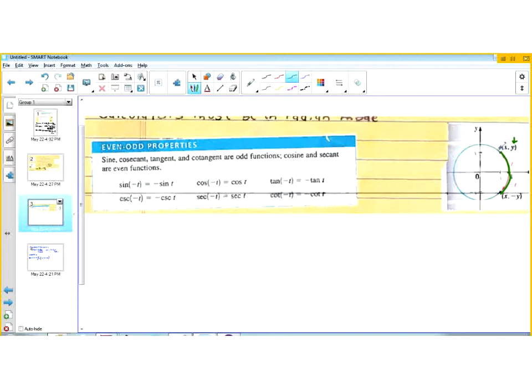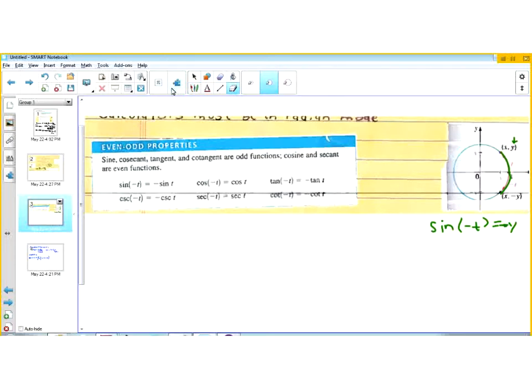So if we take the terminal point of t to be xy, then the terminal point of negative t would be x negative y, right? And so the sine of negative t is essentially negative y, right? So we have the sine of negative t is equal to negative y, right? But y is simply the sine of t. So it's the negative of the sine of t.